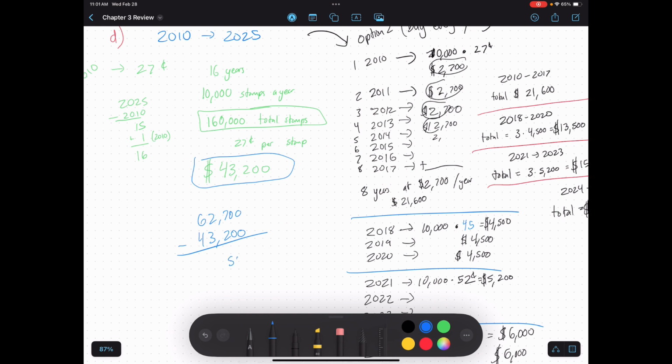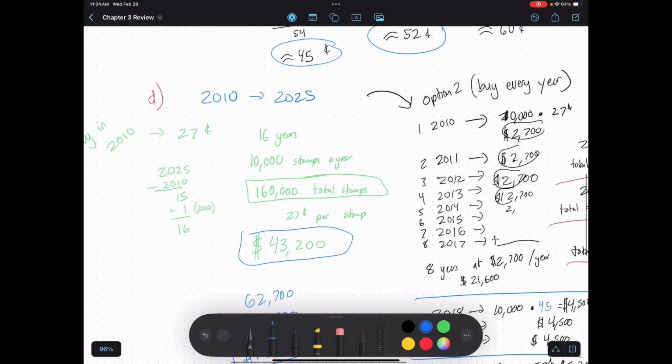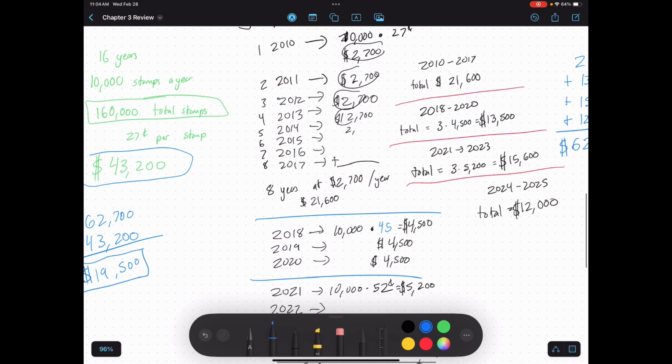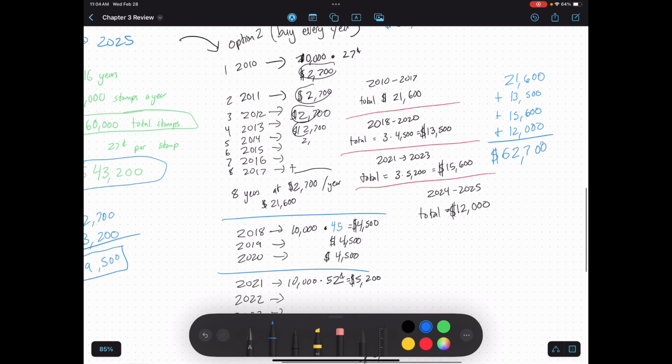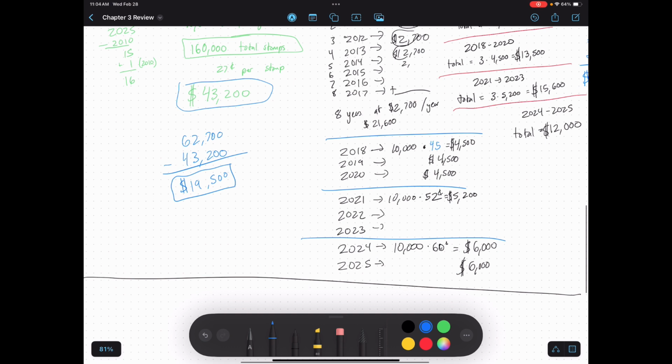Okay, and I get $19,500. So that is my final answer, $19,500, and that's what I'll put in for Part D, right? That's the difference between how much they would have paid if they bought all their stamps in 2010 versus just buying 10,000 stamps each year with the price increases.